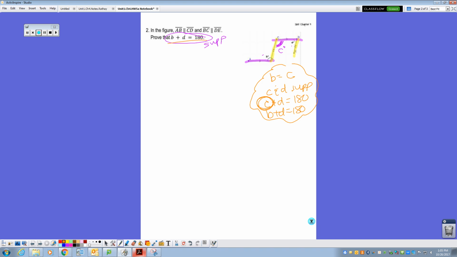But there are equal signs, so we are going to have to deal with a little bit of equal to congruence business. So my first given is that AB is parallel to CD.